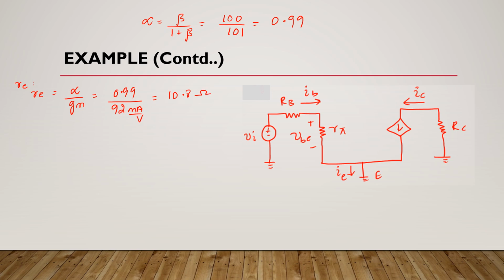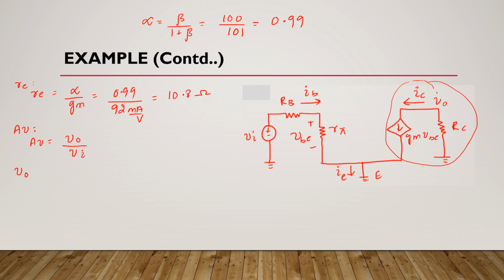Now we want to find the voltage gain. We know that voltage gain is equal to output voltage divided by input voltage. First we'll talk about output voltage. We know that output voltage V0 is present here, and here we have GMVBE.